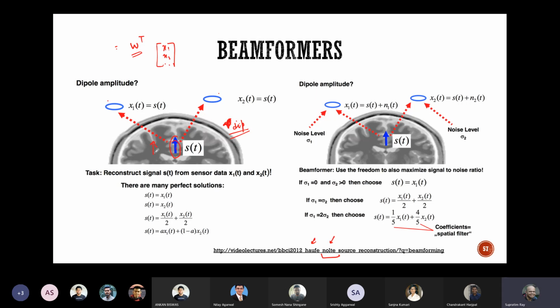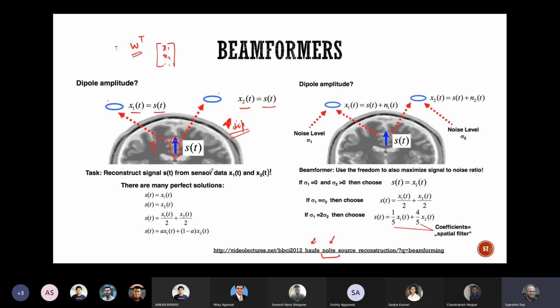So suppose there's a trivial case where x1 is equal to S and x2 is also equal to S. So somehow both of these sensors are just catching the source perfectly. This is a hypothetical example. Then how do I reconstruct S as a linear combination of x1 and x2?